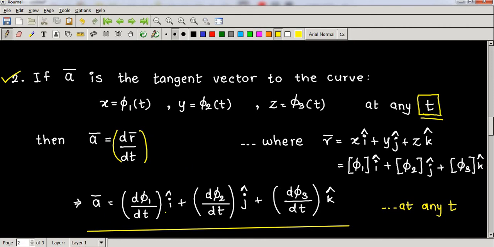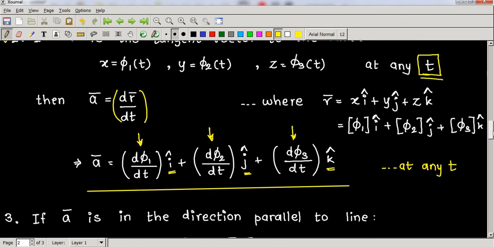Therefore, the value of a bar will be the derivative of phi 1 with respect to t along the x-axis, the derivative of phi 2 with respect to t along the y-axis, and the derivative of phi 3 with respect to t along the z-axis, at the particular value of t.